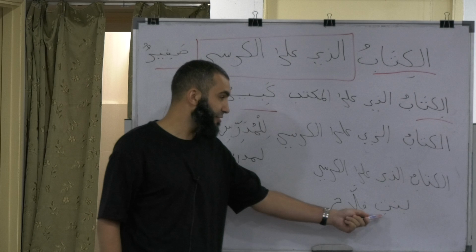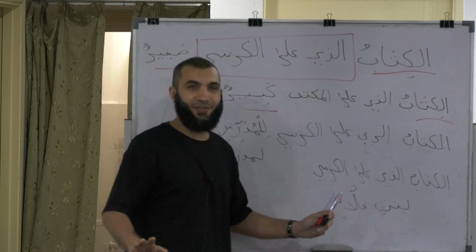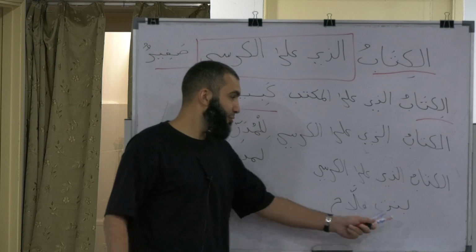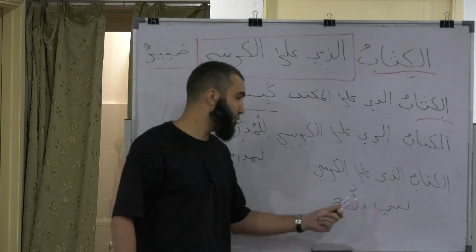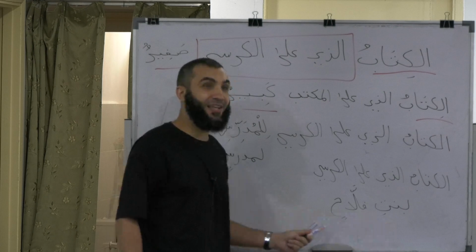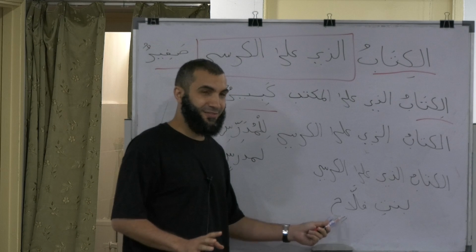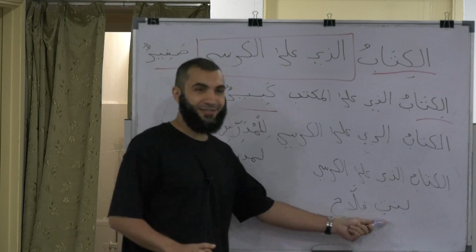Here, is this sifa? فلاح and bint? No, it's not sifa. What is it? Mudaf and mudaf ilayhi. لبنت فلاح. It's not sifa, because if it was sifa, it would follow. Tanween would be tanween here. Right?